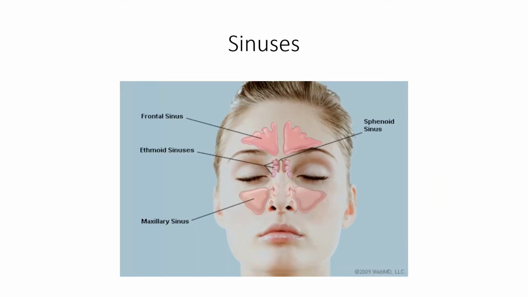This slide is showing the four sinuses that we can see inside of the skull. So you have your frontal sinus, ethmoid, and sphenoid, which are very close, and the maxillary sinus. If you have blocked sinuses, chances are it's just an increase of pressure due to an increase of mucus.